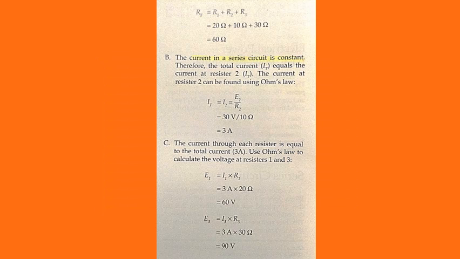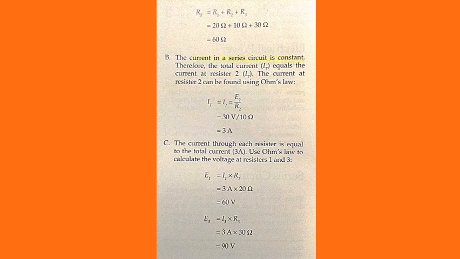Step B: the current in a series circuit is constant. Therefore, the total current, or IT, equals the current of resistor 2, or I2. The current at resistor 2 can be found using Ohm's law, as shown. IT equals I2, which equals E2 divided by R2, which in this case is 3 amps.